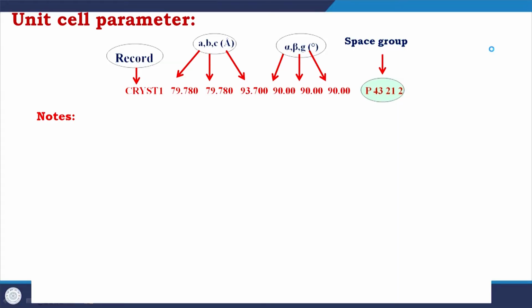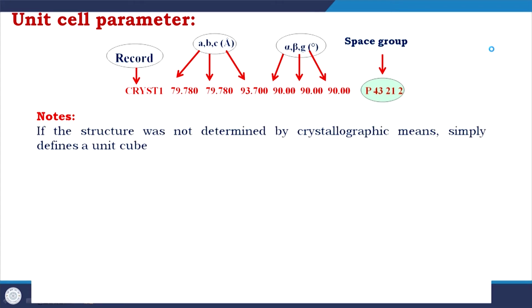So, coming to the unit cell parameter, which is called the CRYST1 record. In the CRYST1 information, you will get A, B, C, you will get alpha, beta, gamma, and you get the space group. You need to understand something. If the structure was not determined by crystallographic means, what will happen? You understand the problem? You have seen that among 1,80,000 or 75,000 structures, nearly 1,50,000 structures of proteins are solved by X-ray crystallography.